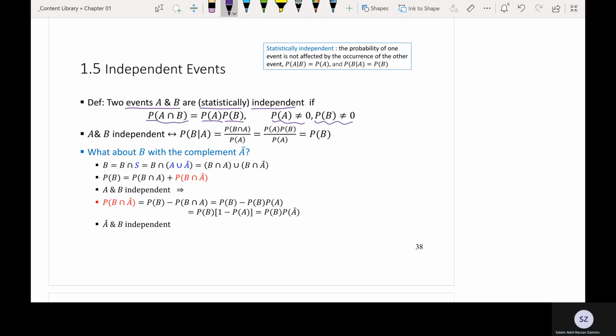Now as a consequence, if A and B are independent, from the explanation I just mentioned, if A happens, what happens to B? Nothing changes. So the probability of B given A equals the probability of B. Understand it this way, don't memorize it. Nothing changes on B. Physically, without the math, because they are independent, if A happens the probability of B doesn't change.